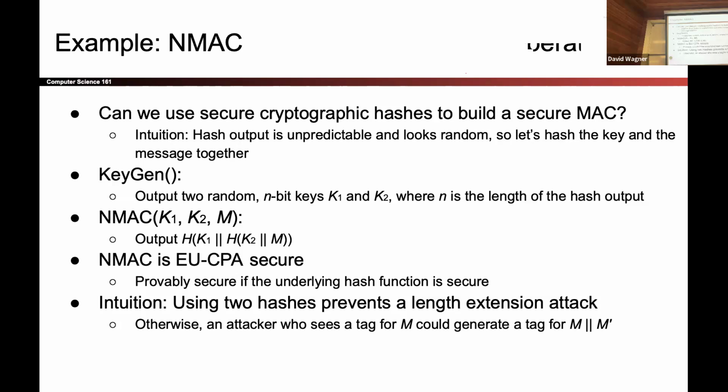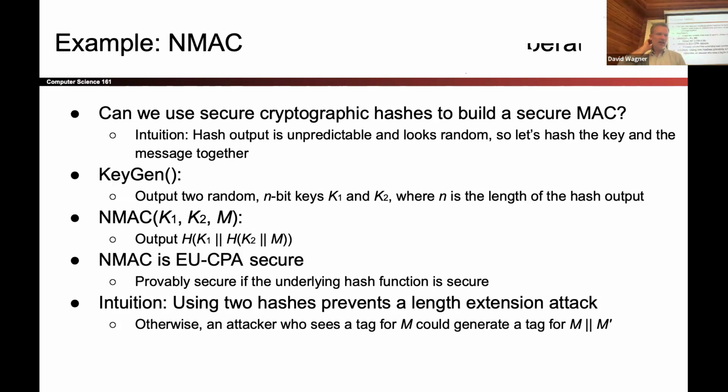But for anything that has the length extension attack, it turns out it's not okay. So nobody actually proposes using that. What they do is they do one more step after you hash the key and message. You take that hash code, you combine that with another key, and you hash that. And the output of that, so there's now a two-step process, that final hash code is the tag.